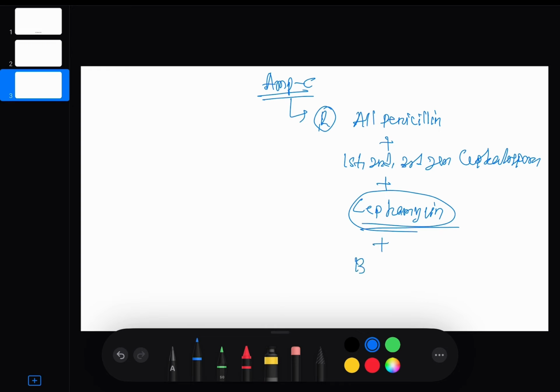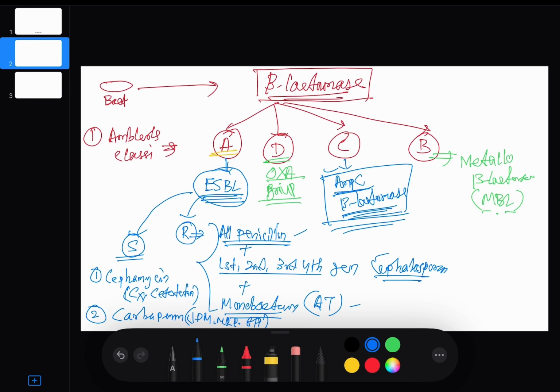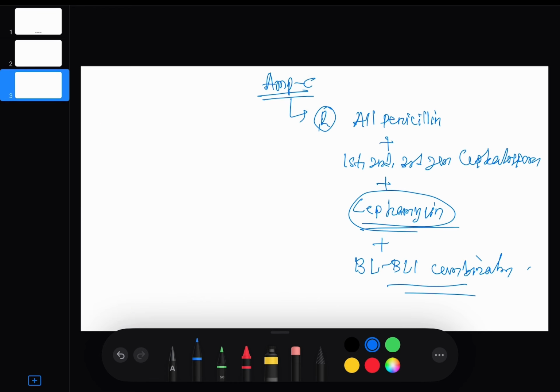Also there is the BLI combination. The BLI combination is resistant, whereas in ESBL the cephamycin, carbapenem, and the third one, the BLI combination, are sensitive. But here the BLI combination is resistant to the AMC producing bacteria.